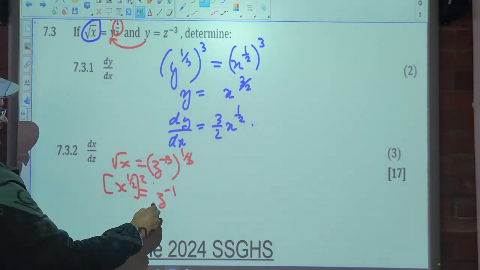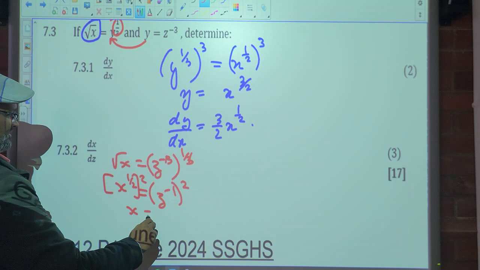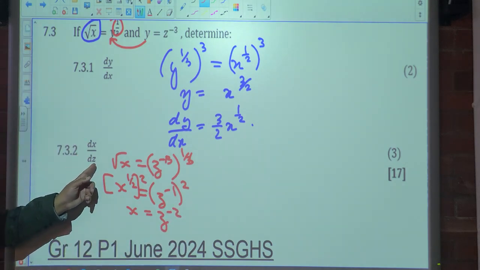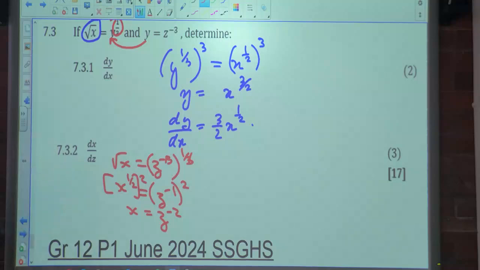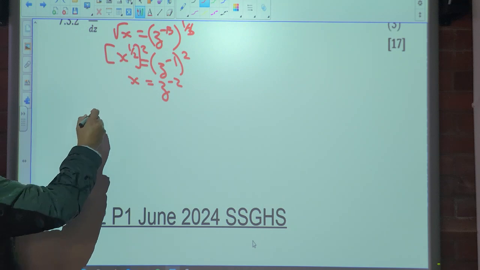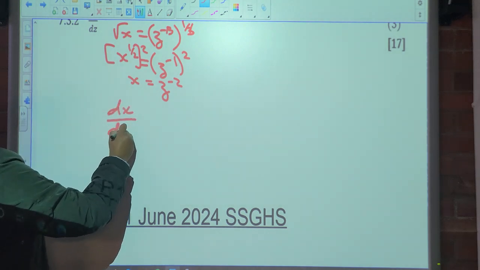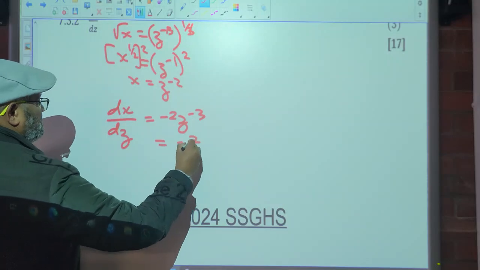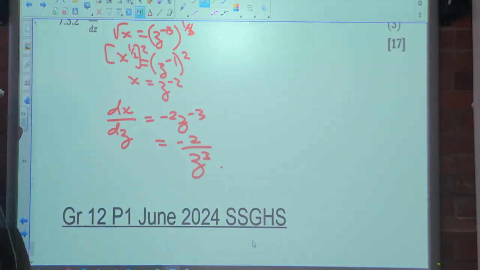So I raise this to the power 2 both sides. So x is equal to z to the minus 3. Now do I have x in terms of z? Yes, now I can take the derivative, which is going to give us dx over dz equals negative 2z to the minus 3, which is negative 2 over z.